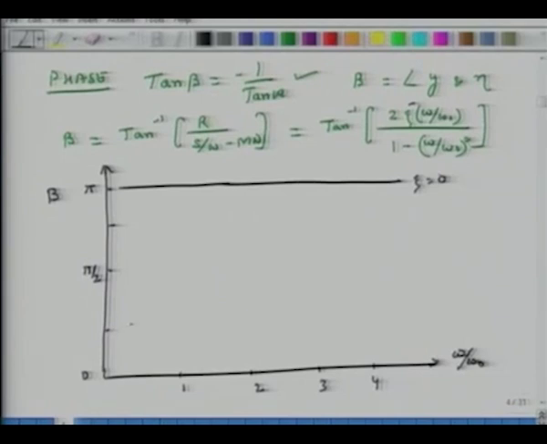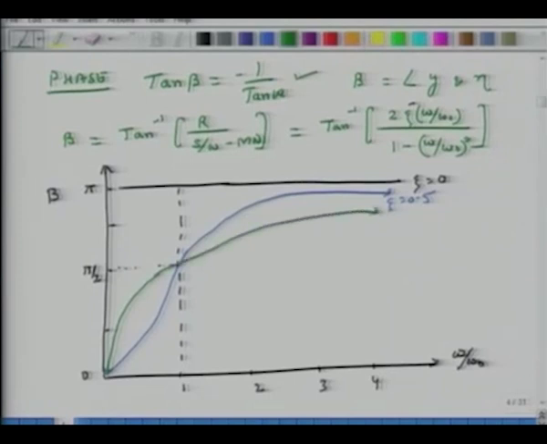And then for other values, I have an inflection point. So this is eta equals 0.5, and this is eta equals 1, and somewhere in the middle, eta equals 0.7.